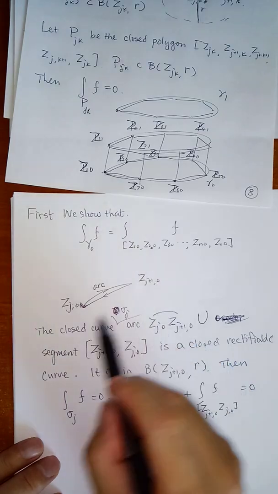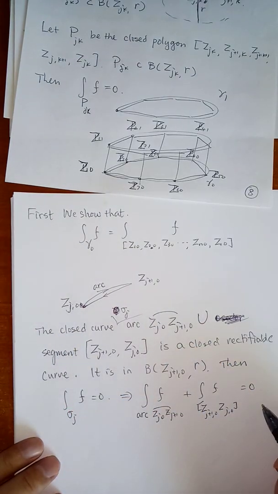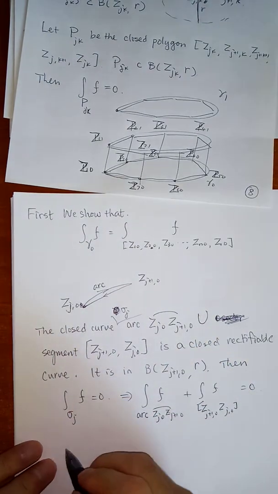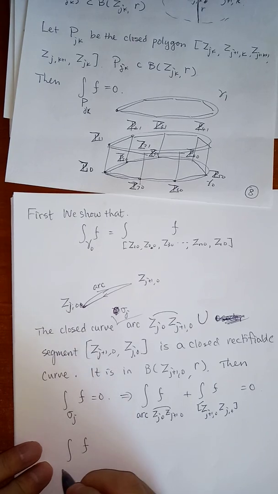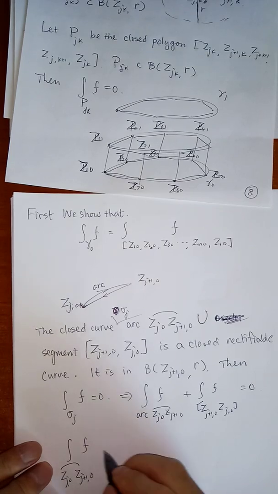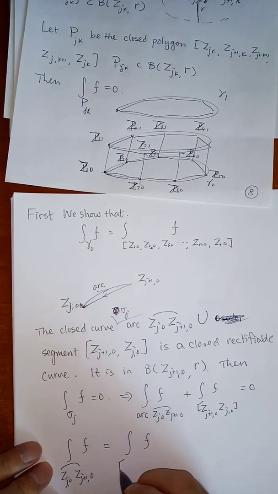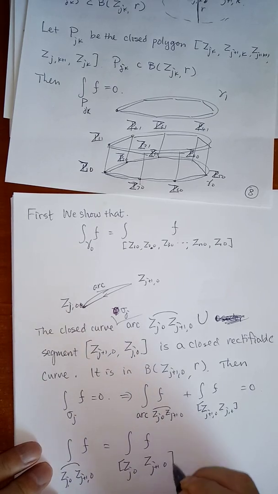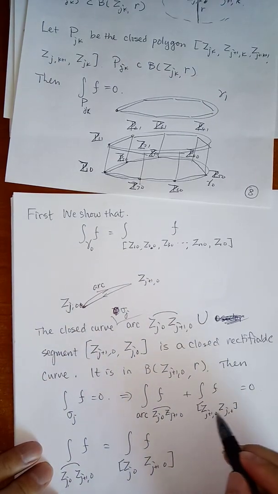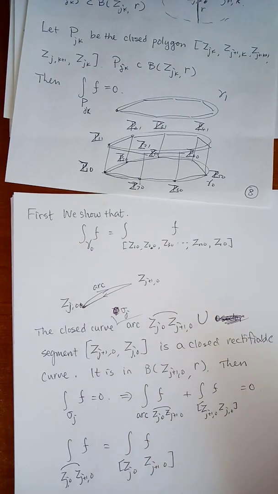Okay, we go forward and backward. When we move this to the other side, we get a negative sign. A negative sign means we can switch the order, that is, switch the initial and terminal point.